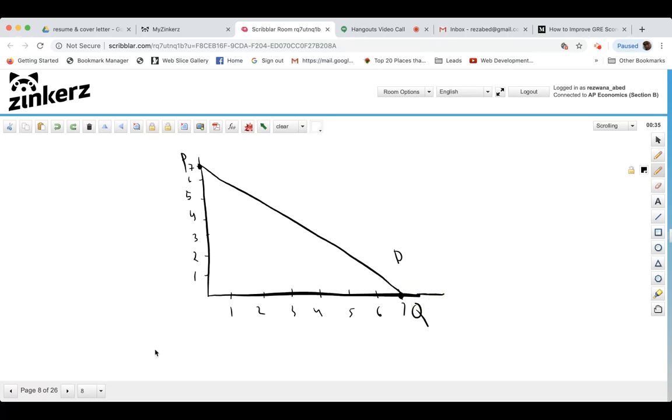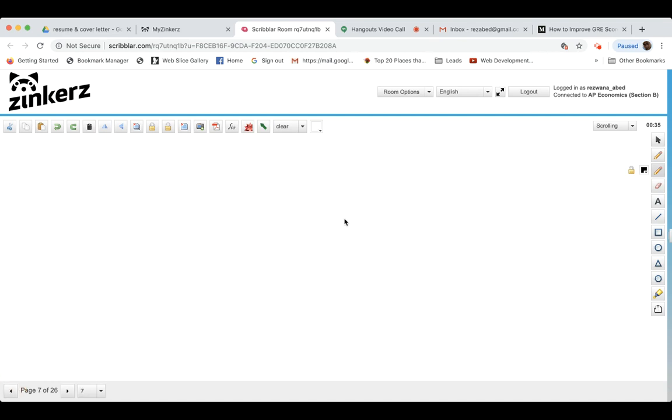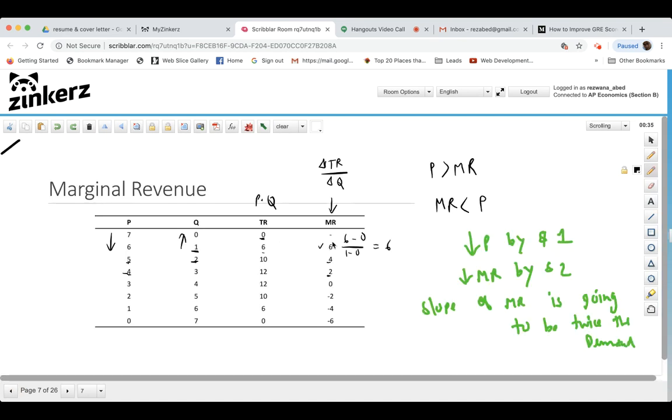Then I'm going to draw in my marginal revenue curve. You can plot it from this table, and there is another easier way of doing it. You'd understand it a lot better if I could show you the math, but for now, just trust me.